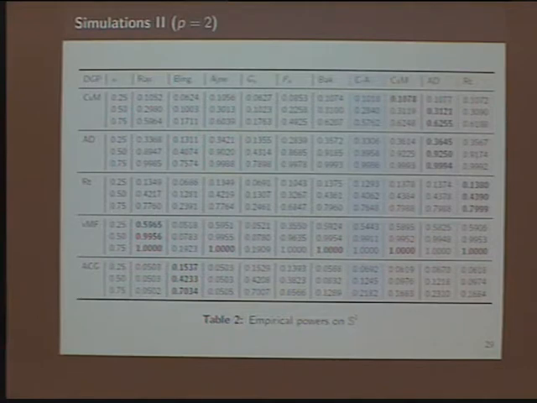These are the results in S1, the circle. Here in orange we see the new proposals, and in blue we have the one by Cuesta-Albertos, which was kind of the main driver for the work.